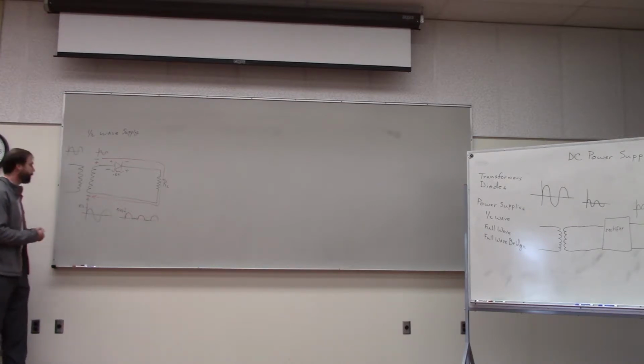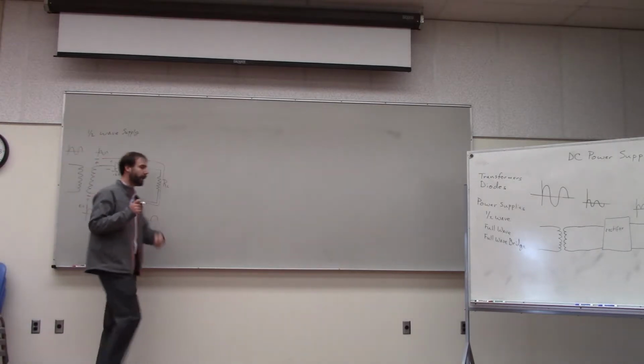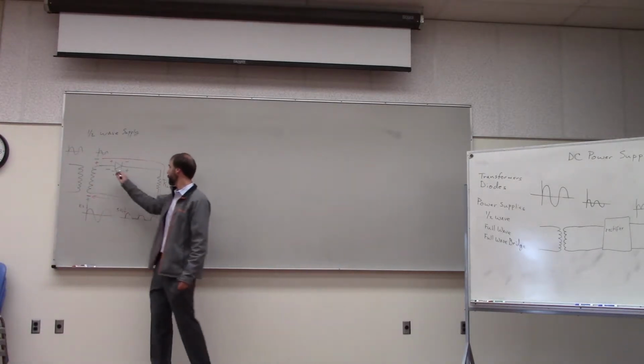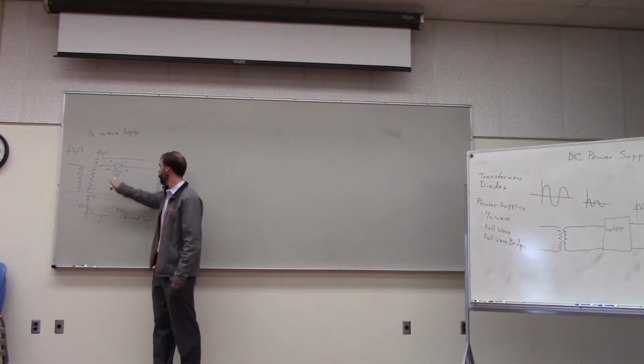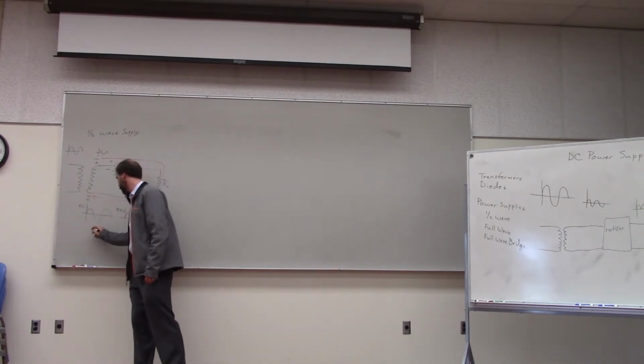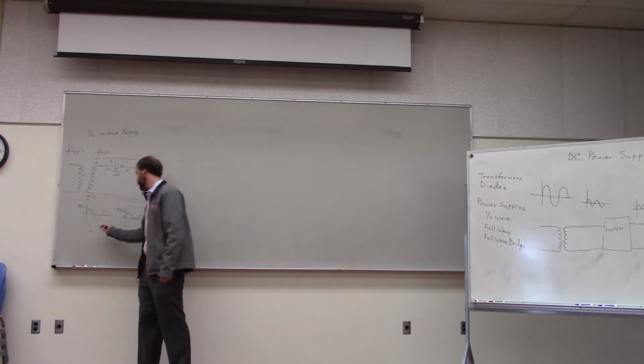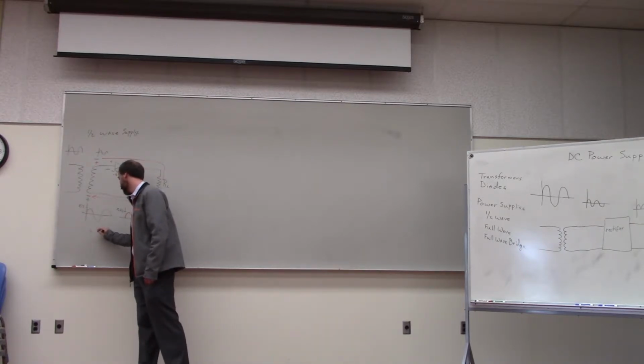We're going to talk about some of the advantages and drawbacks of each of the various types. So one of the advantages of this type of power supply is that it's fairly simple. It's only got one component in there for its rectifier. So an advantage is that it's simple.